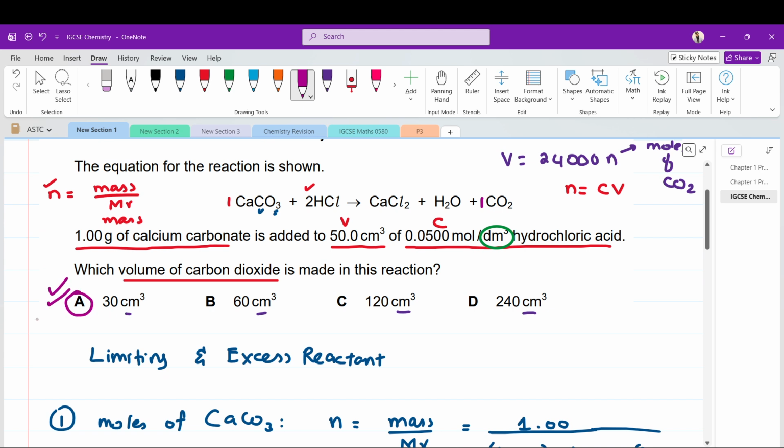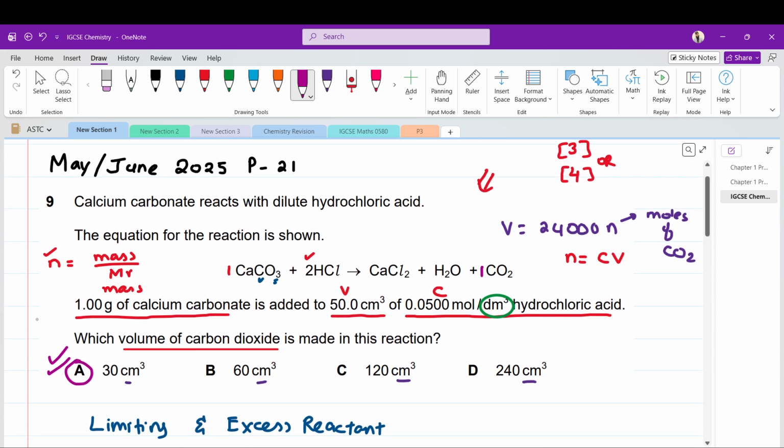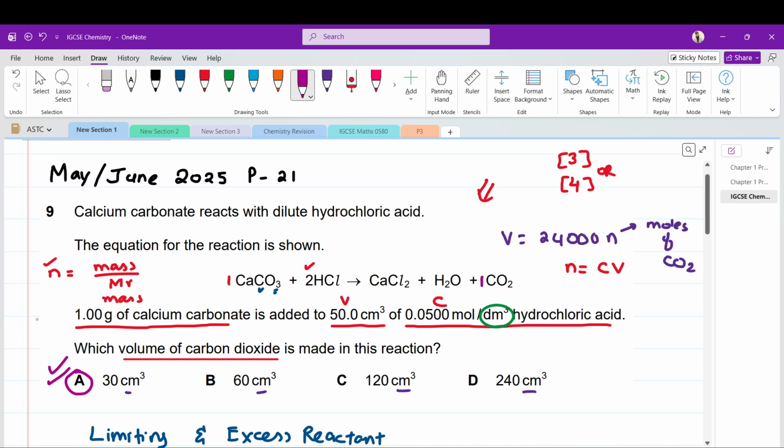I hope that this video was helpful in making you understand how we deal with this type of question, because this is one of those types of questions with which students struggle quite a lot, because they don't understand the underlying concept behind it. Just to clarify one more time, how do we recognize the limiting and excess reactant?